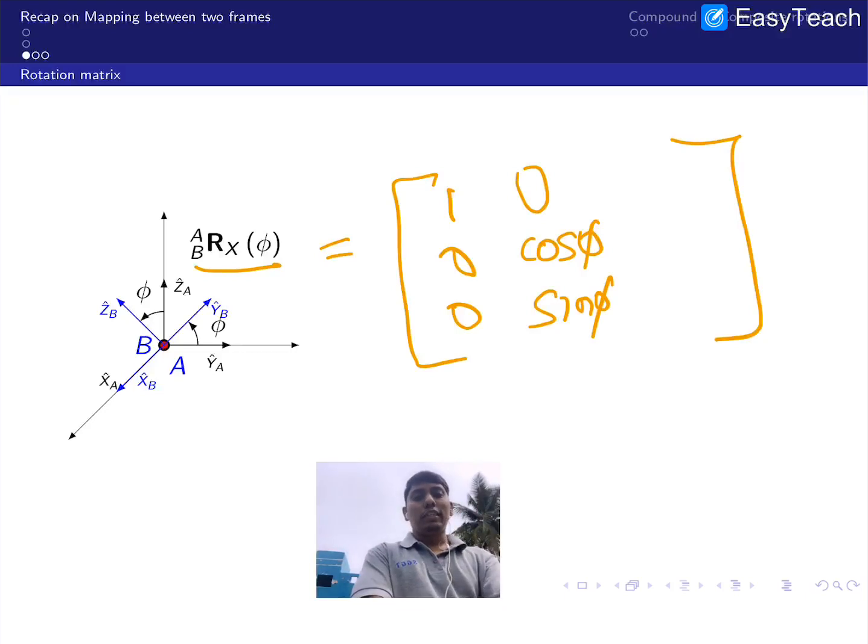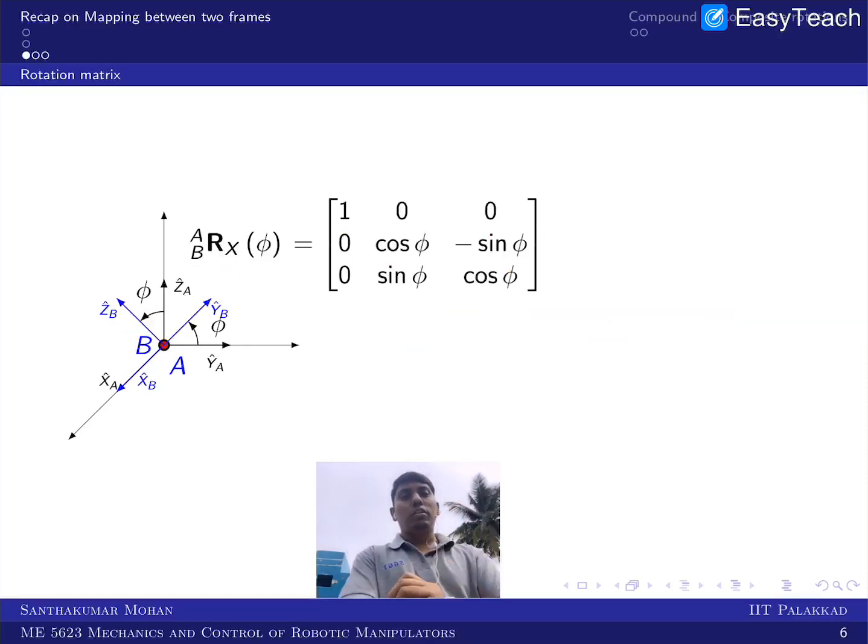Similarly, I project ZB on the A frame. On the X axis there is no projection, but on the Y axis it is minus sin phi, and on the Z axis it is cos phi, right. So now this is what you call the rotation matrix of phi with respect to X. This is what is happening, right.